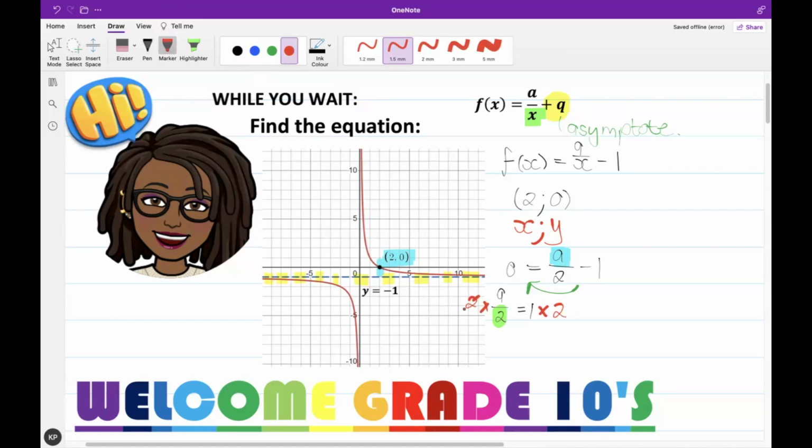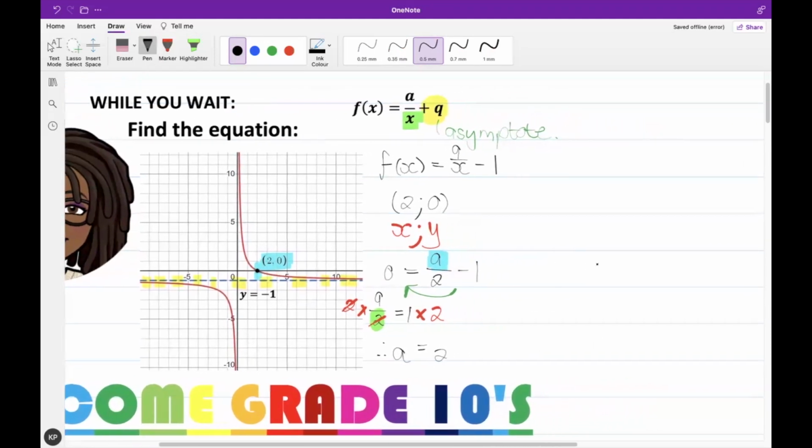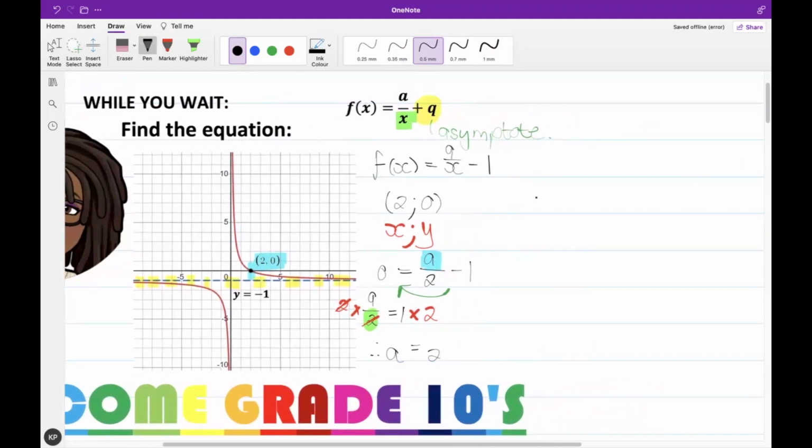The 2's are going to cancel out on my left-hand side, so I'll be left with a equals 1 times 2, which is 2. And then you have all the components you need to find this equation, because then f(x) is equal to, now we know that a is 2, 2 over x minus 1. Okay, so you just use what you have and substitute.